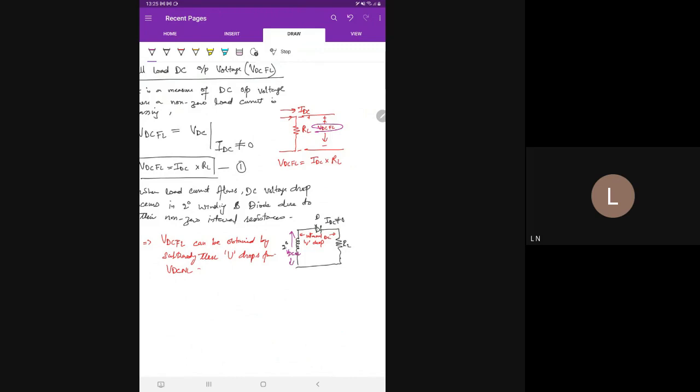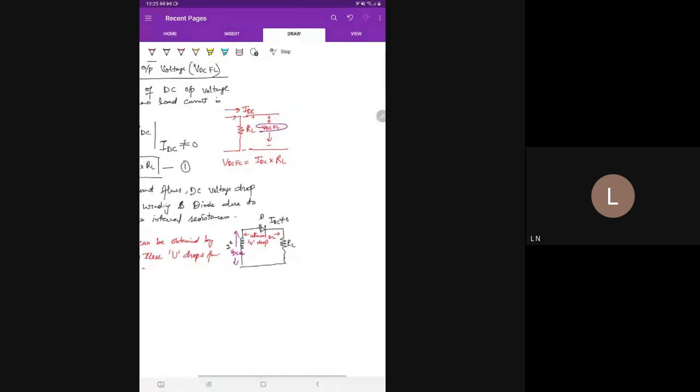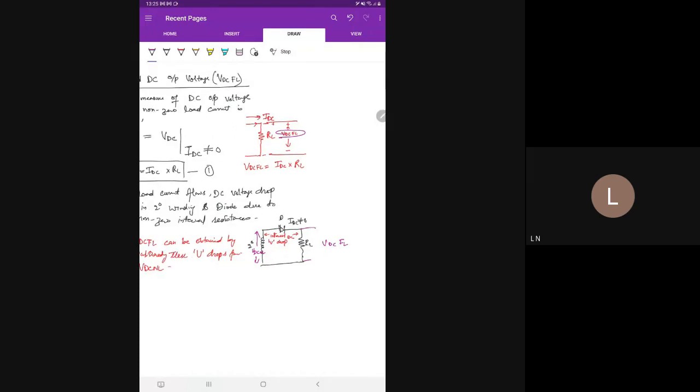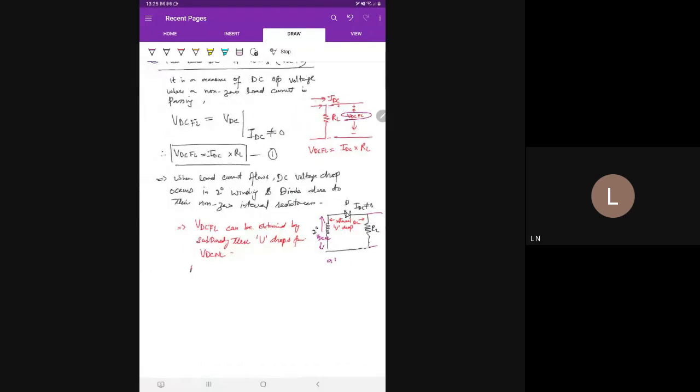If we now apply KVL, we can see that VDC full load is equal to VDC no load minus the internal DC voltage drop.